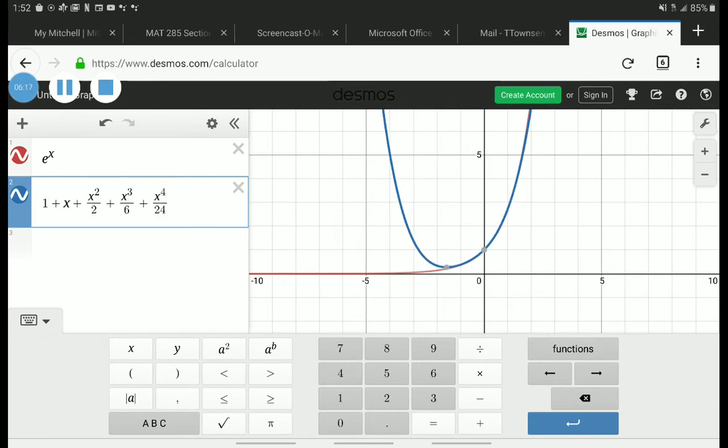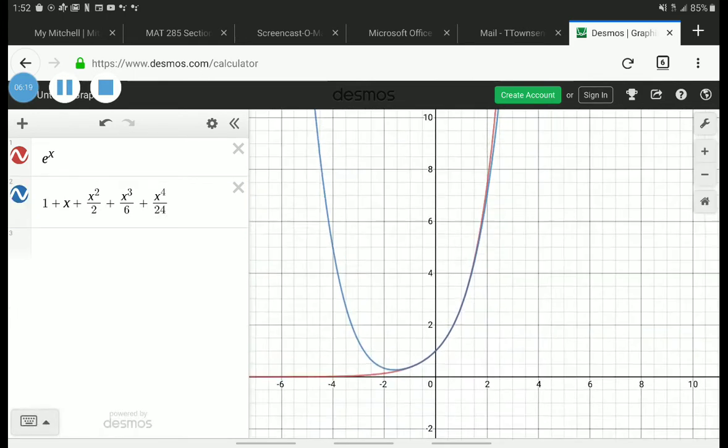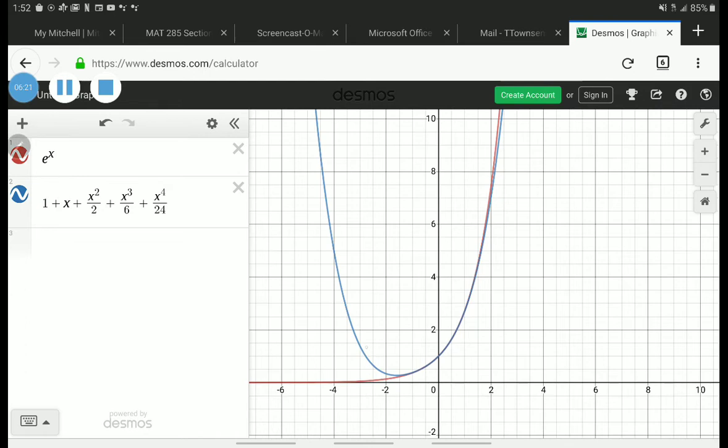So you can see, I'm going to change this graph and zoom, how this polynomial is laying right on top of that red one. And it's modeling that exponential function really well.